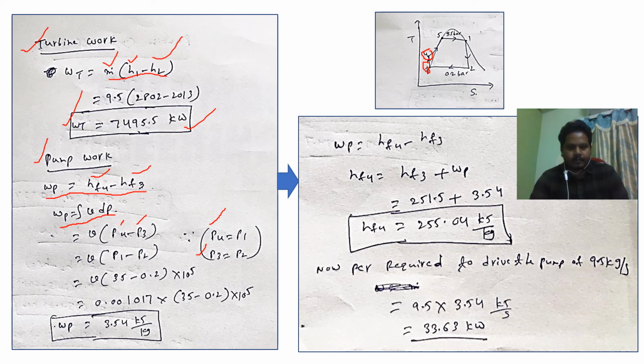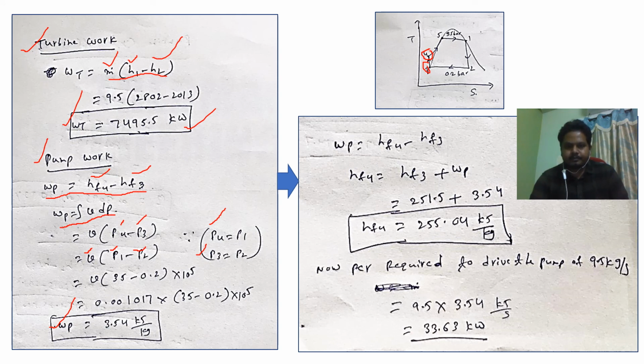Now here we know the specific volume, and the P1, P2 values are given in the problem. Once you substitute all the values, you will get the work input to the pump, 3.54 kilojoules per kg.